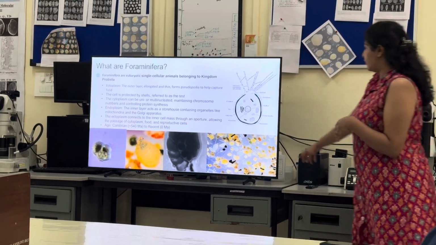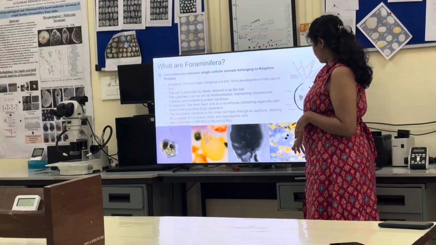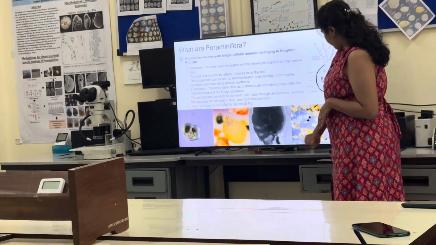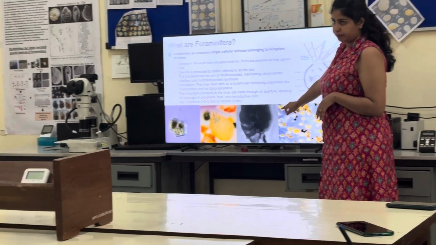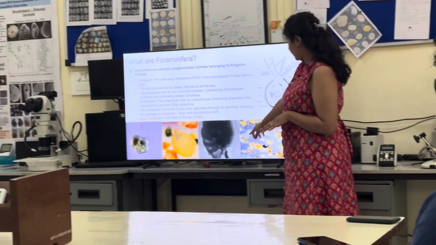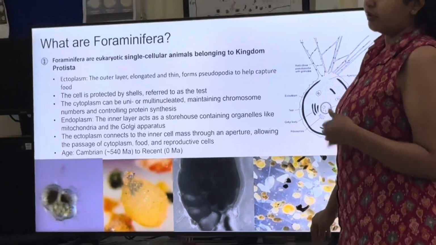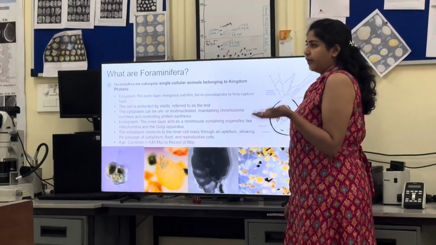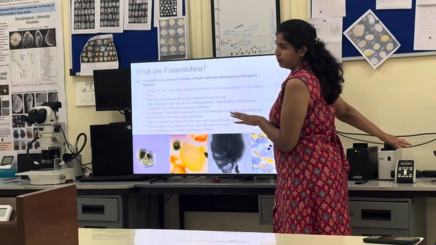This is a sample from the west coast of Maharashtra, and these yellow ones are species of the genus Ammonia. They are yellow in color, so they are completely fed and have a very well colored protoplast, but the last chamber is empty. That is how we identify living and dead forams through these microscopes.